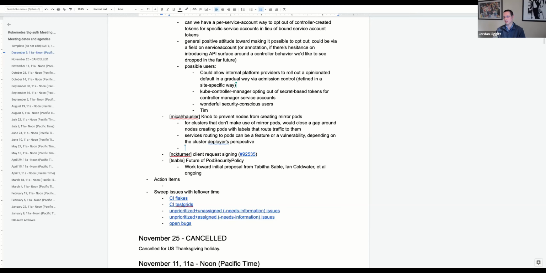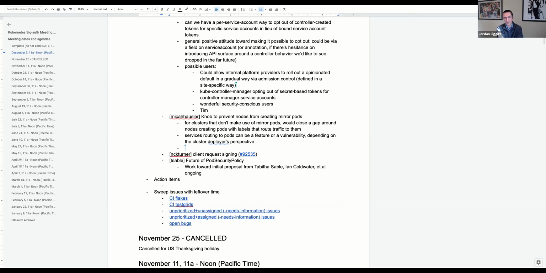I guess for clusters that aren't using static pods and have no intention of using them, this would be nice to just turn off. But that also seems narrow enough to have an admission webhook do it.